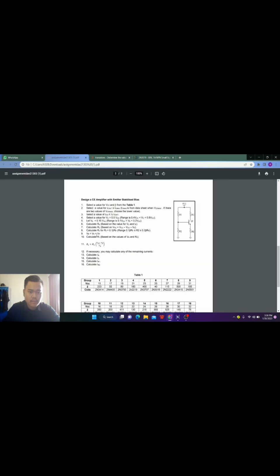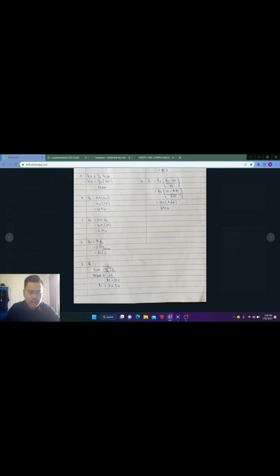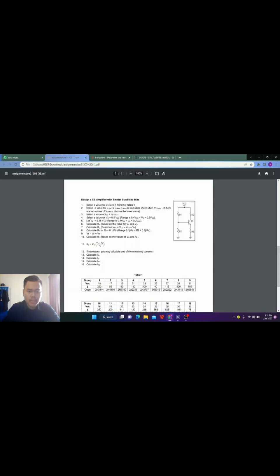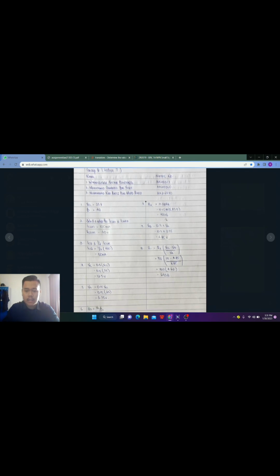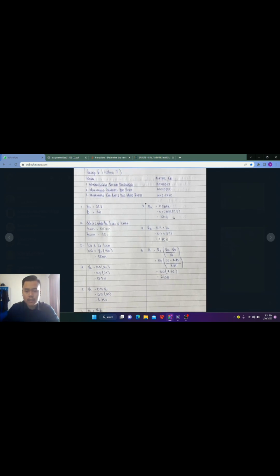To calculate the RC value, next is number 7. Here I use the formula IC saturation equals VCC over RC plus RE, and the answer I get is 212.5 ohm. The next question is to calculate R2. I implement the formula 0.1 beta RE, and the answer is 150 ohm.